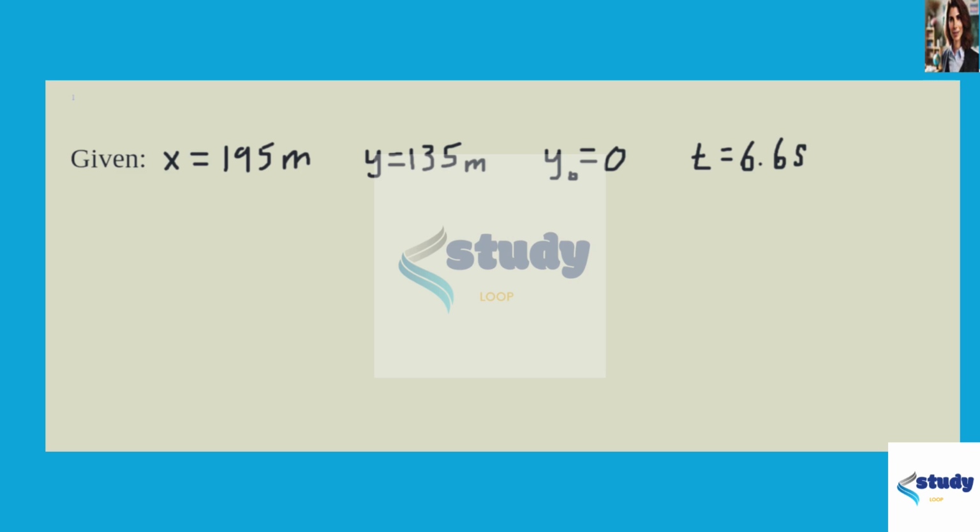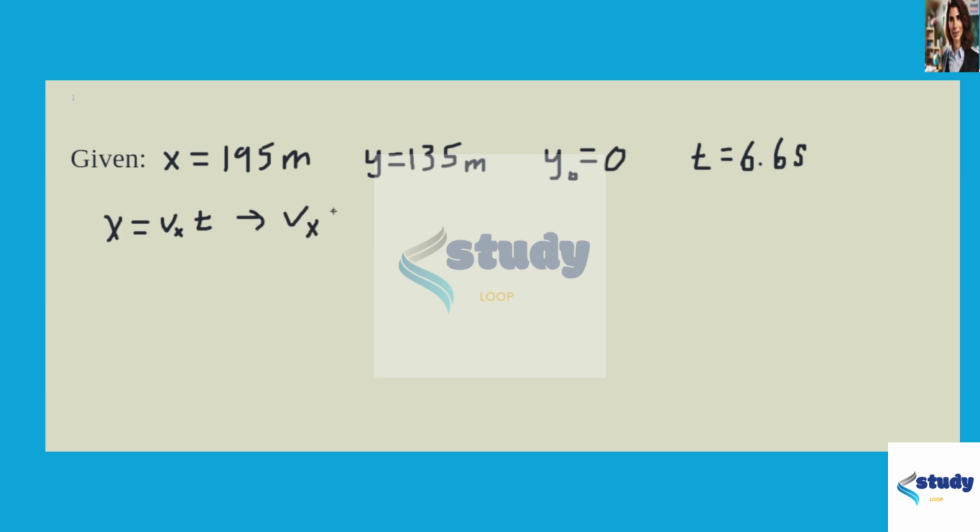Well, one thing we can find is the velocity in the x direction and the velocity in the y direction, and use those to find the total velocity. So let's first find the velocity in the x direction. Should be straightforward since we know that x, the distance in the x direction, is v of x times the time it travels. We know x and we know t, so we can solve for v of x.